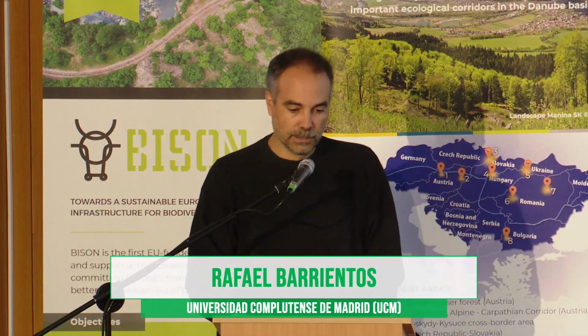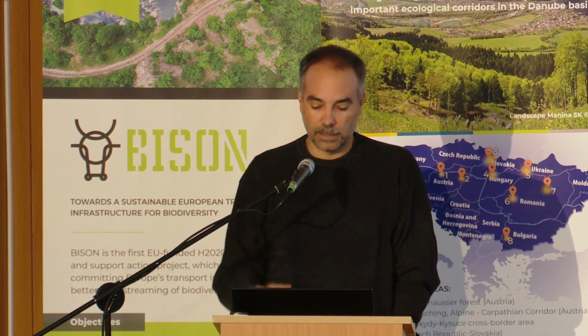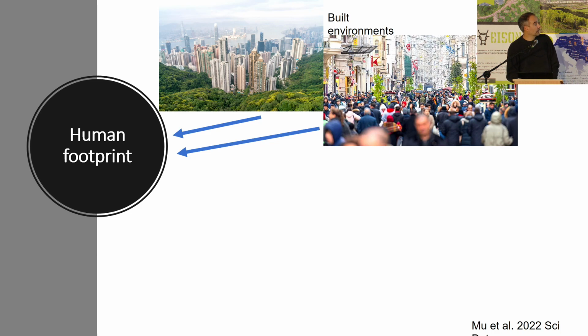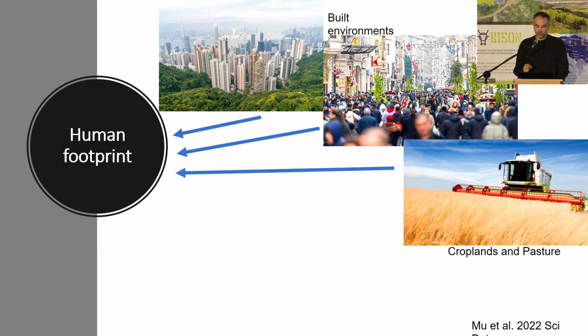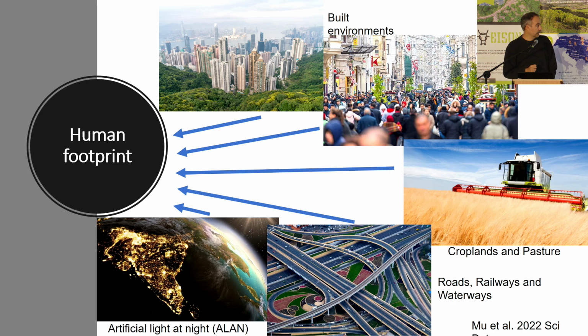Human footprint is a variable that is a combination of several other interrelated variables, like the surface of built environments, population density, the surface occupied by croplands and pasturelands, the length of roads, railways, and navigable waterways, and the light pollution, the so-called ALAN, artificial light at night.